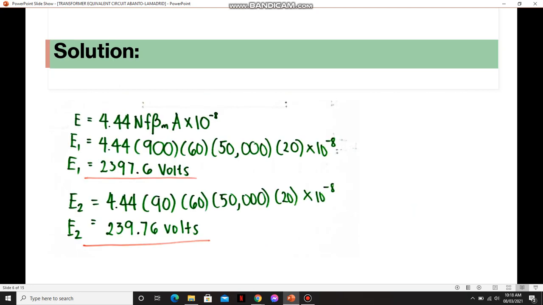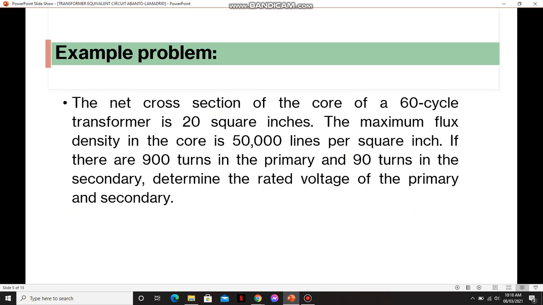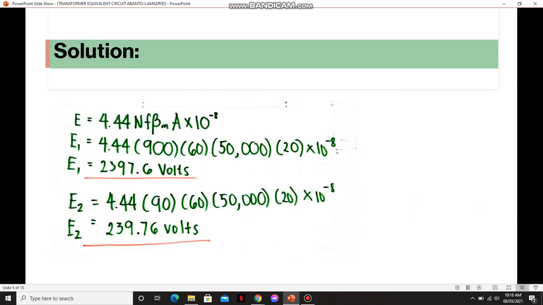Solution. We're going to use the formula E is equal to 4.44 N F, B A times 10 raised to negative 8. And okay, we substitute the given numbers, what is given in the problem.